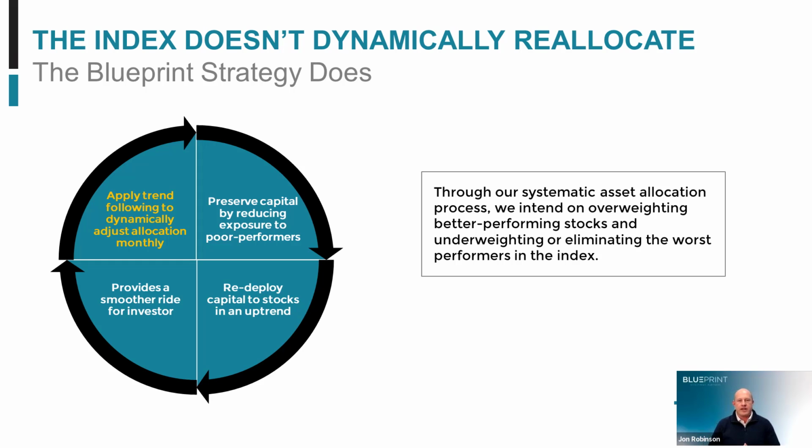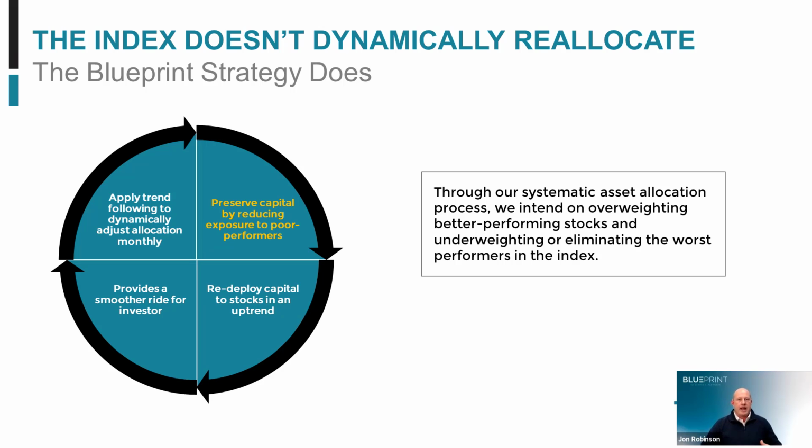If you consider this a 4-part process, we apply trend following to dynamically adjust the allocations monthly, with the goal being preserving capital by reducing exposure to those poor performers, and then taking the proceeds from the sale of those poor performers and redeploying them to those stocks that remain in a rising trend state.